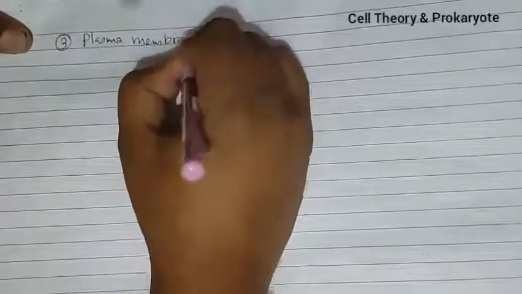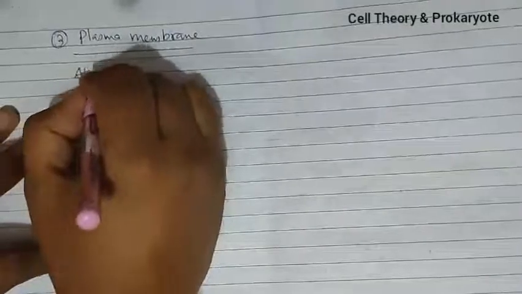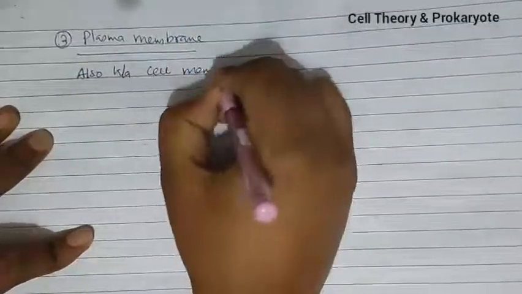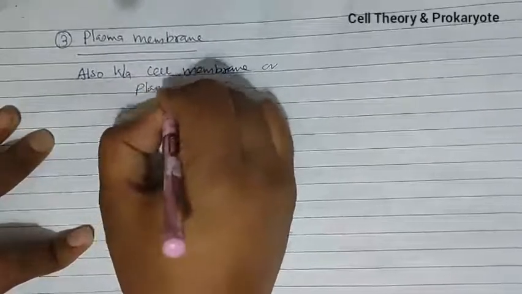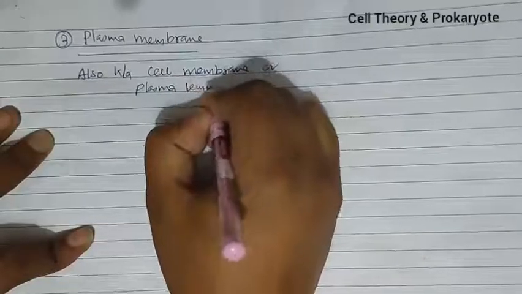Third is plasma membrane. Now plasma membrane is also known as cell membrane or plasmalemma.